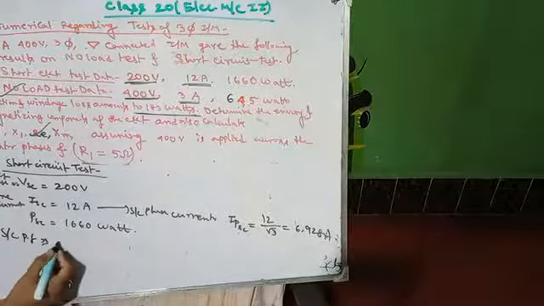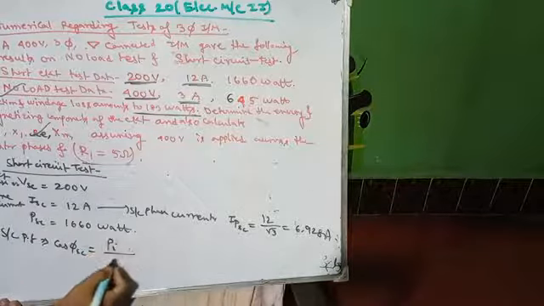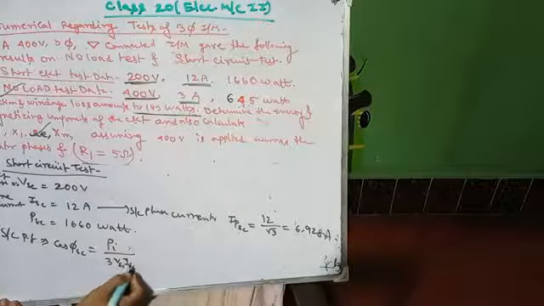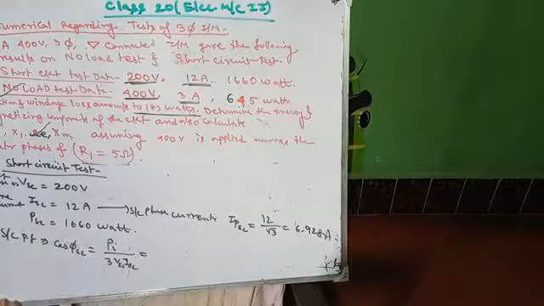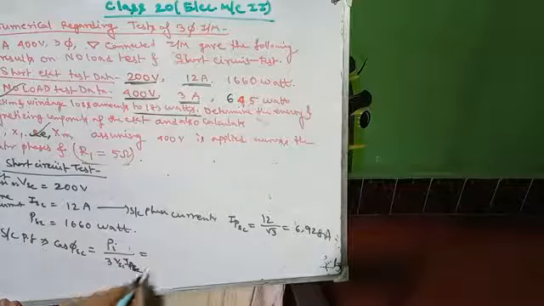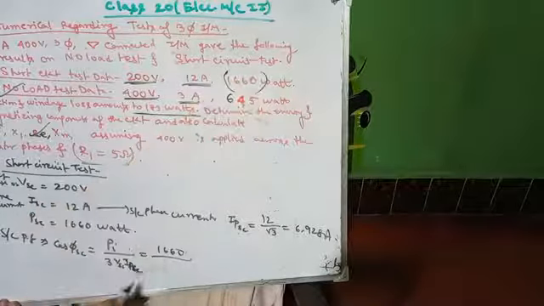Okay, so next one, short circuit power factor. Short circuit power factor cos phi_SC equals P_SC by 3 V_SC into I_PSC, same formula. Here P_SC equals 1660 is given directly, so there is no need to subtract anything.